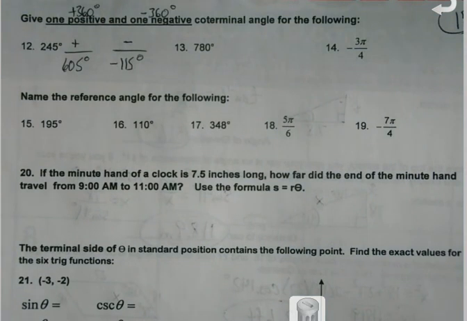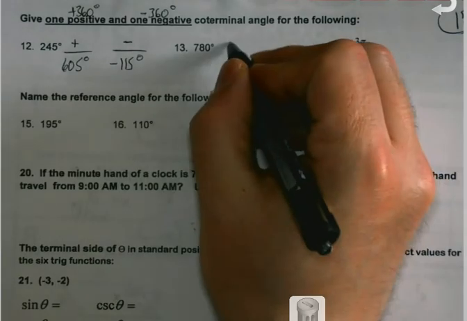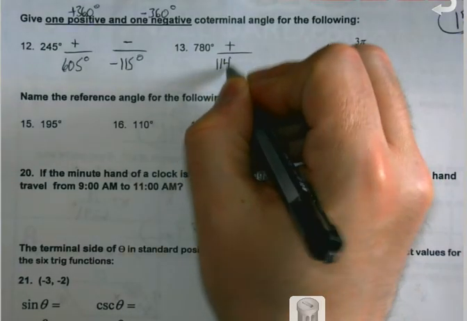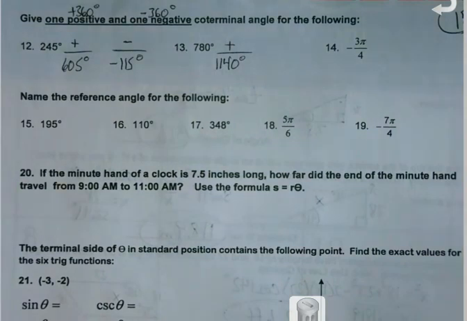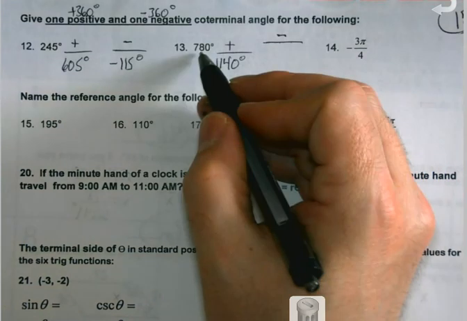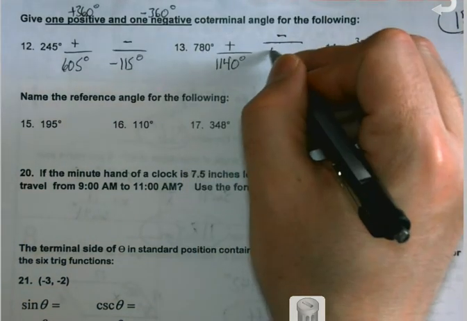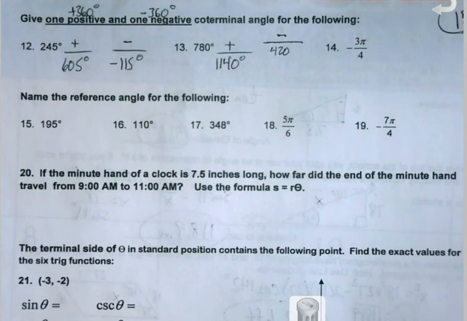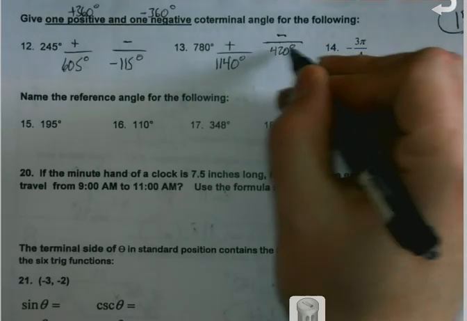13 is where the problems can start, though. The adding part doesn't give me a problem. Okay, that gives me 1140. But the negative, be careful. Because if you subtract 360 from this, you end up at 420, but that's not negative yet. So that's no good.